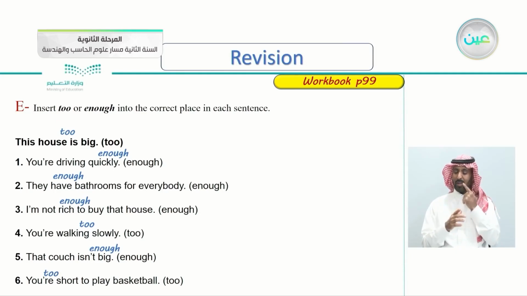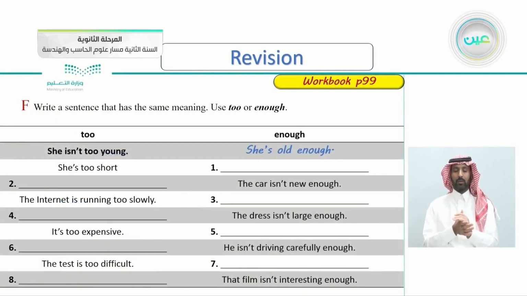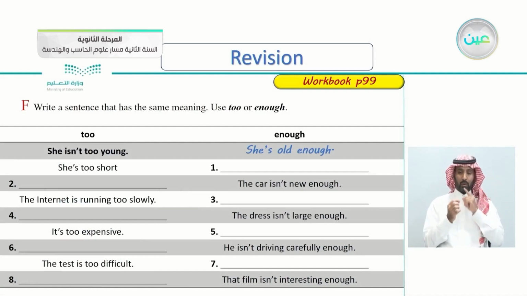It doesn't fit you. Exercise F here. Write the sentence that has the same meaning. Use too or enough. The first one, she isn't too young. So we say she's old enough. So it has the same meaning. She isn't too young.